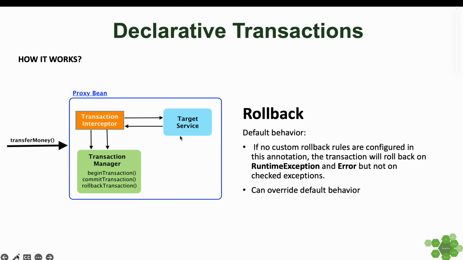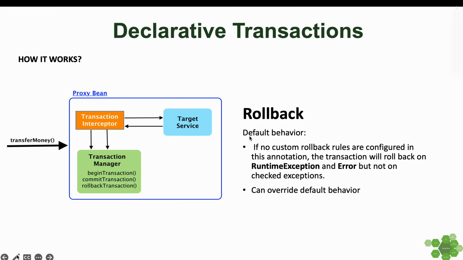When the service is done, as I have shown you here, it will return back to the transaction interceptor. The transaction interceptor then delegates to the transaction manager. The transaction manager will then decide, is it a commit or is it a rollback? If it's a commit, it will commit the transaction.